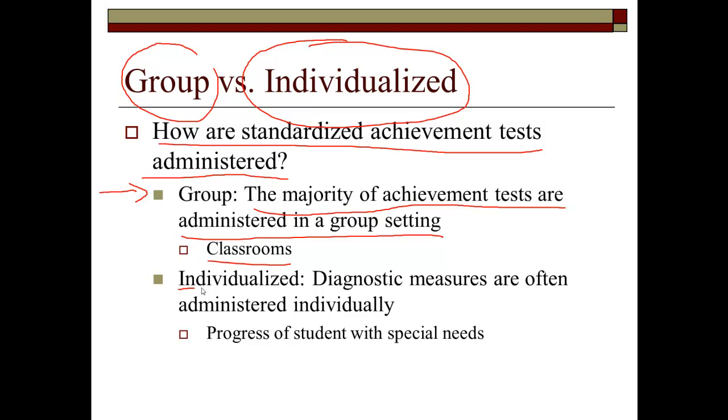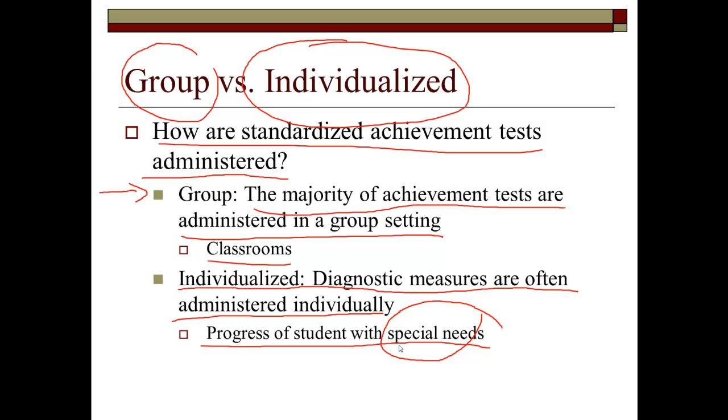Now, we can also give individualized achievement tests. These are usually administered individually, and many of these tests are given to students that have special needs. They may not be able to read, they may not be able to speak.